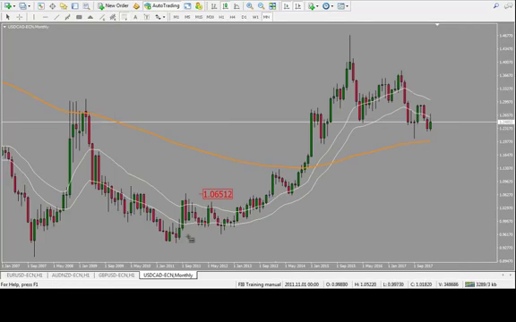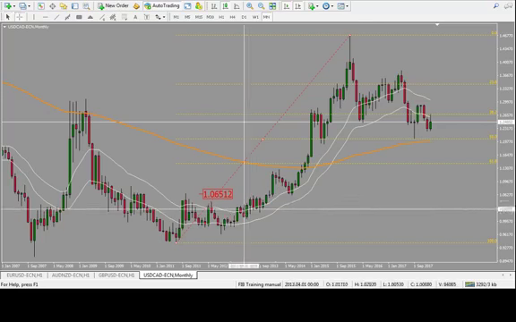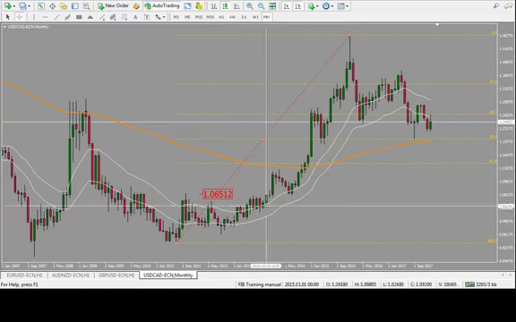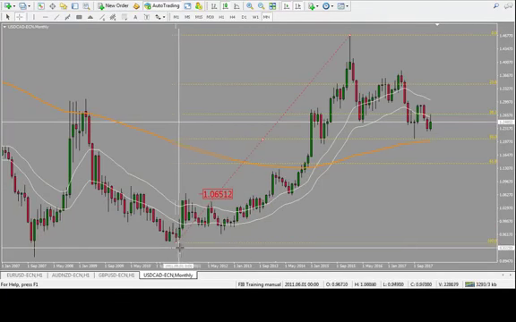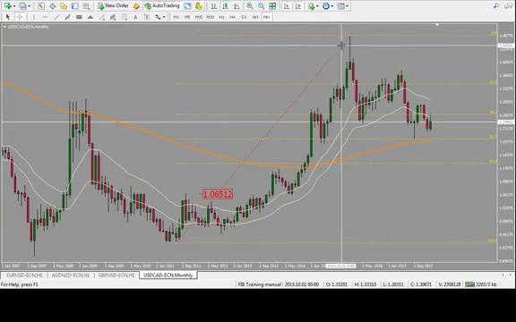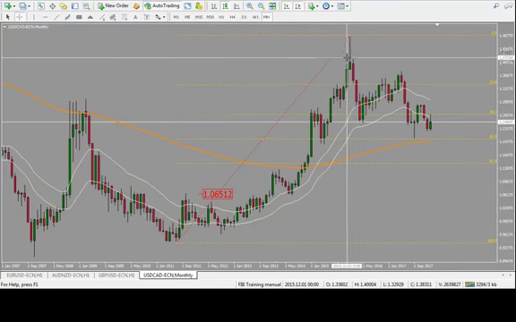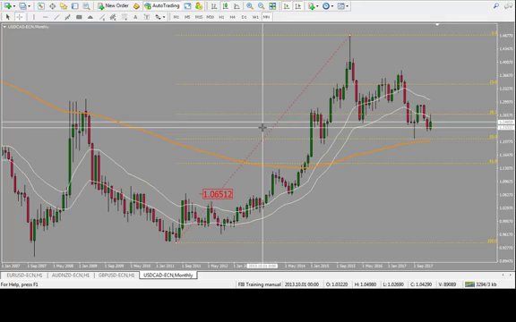If I put my Fibonacci from this bottom point to this top point, and the reason why I'm using those 2 points is simply you've got to sort of start to get a sense of significant points, and you can use the Fibonacci tool on the swings in between, within this move, but generally you have to find a significant low and a significant high to get your Fibonacci tool to work right.